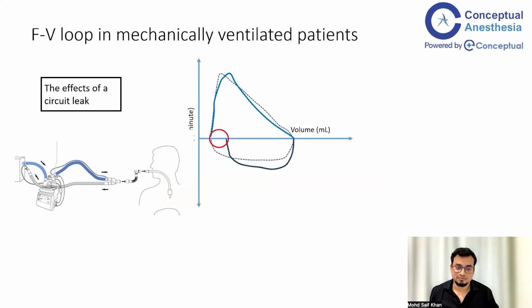So there will be some lag, and this lag is known as leak. This is very typical of a loop in patients who have some leak in the circuit, or a cuff which is not properly inflated, the endotracheal tube cuff or tracheostomy tube cuff. So definitely you put the patient on the FV loop, look at the screen, and you will find this kind of loop.